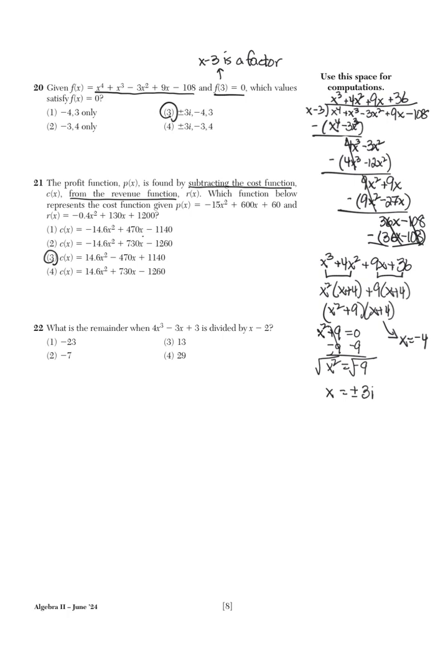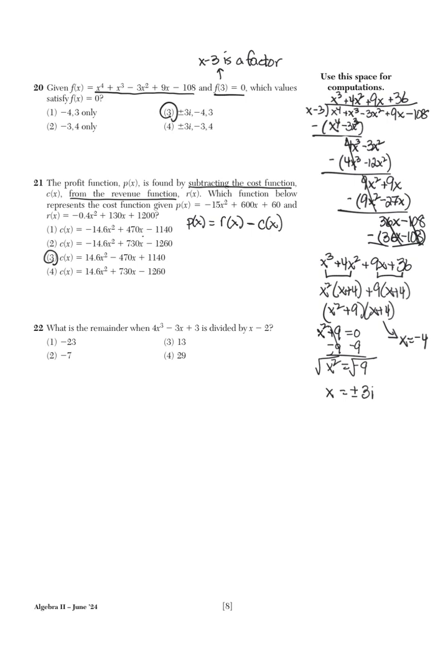Number 21 is choice 3. And if you look at what I underlined, profit is found by subtracting the cost function, c of x, from the revenue function, r of x. So it wants to know which function below represents the cost function, given that you have p of x here and you have r of x there.